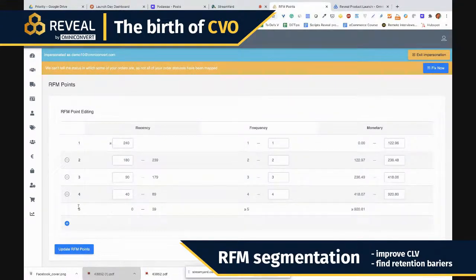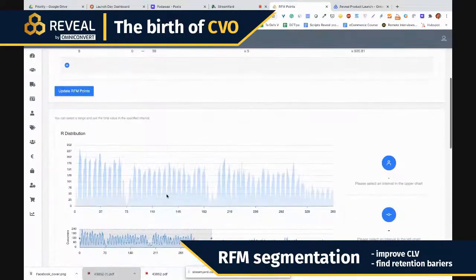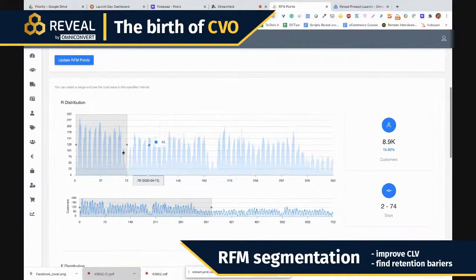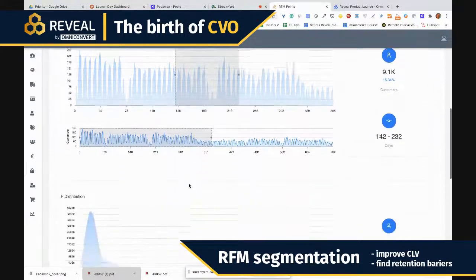You could allocate the number 5 for customers that bought most recently, if they bought up to 39 days before. To craft these numbers properly, you have this nice visualization so that you can interrogate the database and understand how many customers have this kind of recency score.